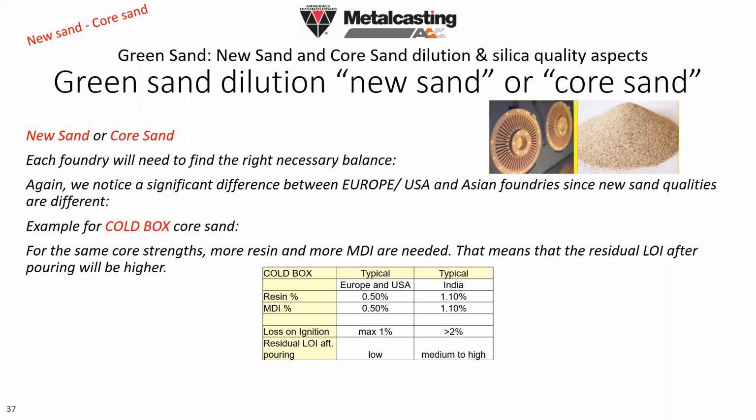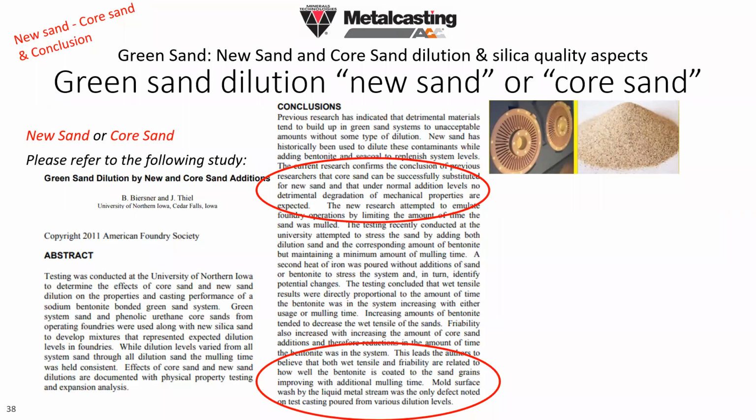for green sand regeneration. Well, on the next slide, if you want to know more about green sand dilution with new sand and coarse sand, I would advise you to look at this study. It's a study done in the USA about green sand dilution by new sand and coarse sand addition. And if you look at the abstract, it is done with phenolic urethane, so cold box core, compared with new sand addition.